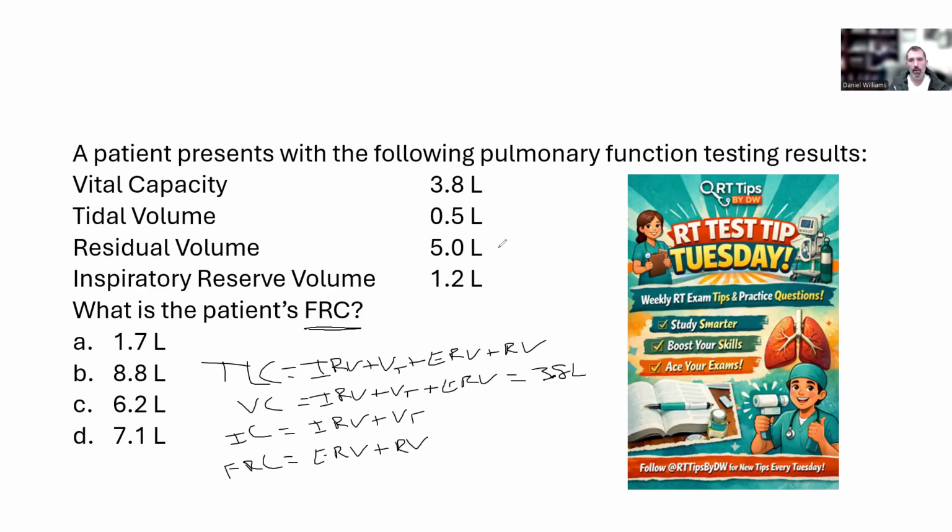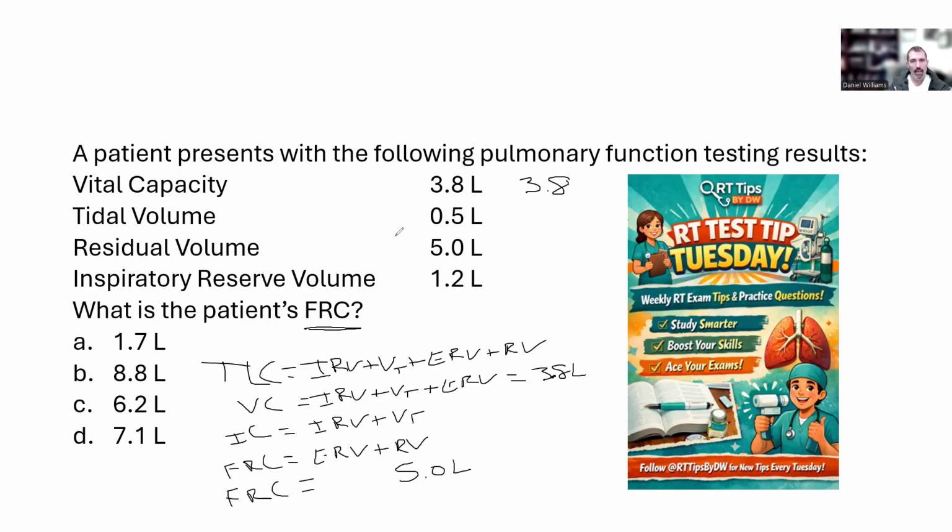If we come up here, this question gives us that the residual volume is 5 liters. If we were going to plug this into the equation, we know that our residual volume is 5 liters, so we are left to determine what our expiratory reserve volume is. We're not given that information in the data set. However, we are given enough information to figure that out. We're given a vital capacity of 3.8. I'm going to write 3.8 right here.